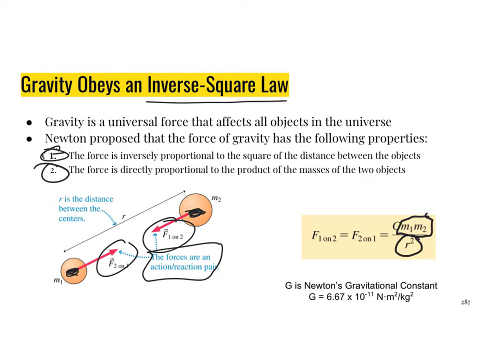The Earth pulls on the Sun, the Sun pulls back on the Earth, and that's what helps us orbit the Sun. We'll talk more about that later. But at the same time, the Sun doesn't pull me off the Earth because of how close I am to the Earth compared to the Sun. So that r squared factor matters, as well as the masses. And when I jump up, I don't feel the Earth going up as much because of its mass.